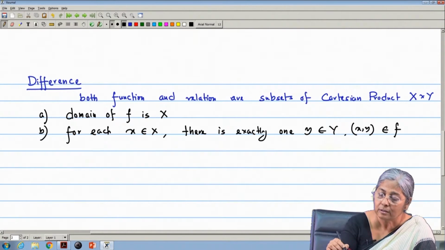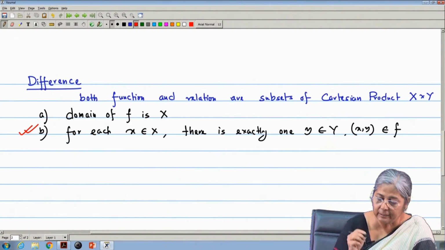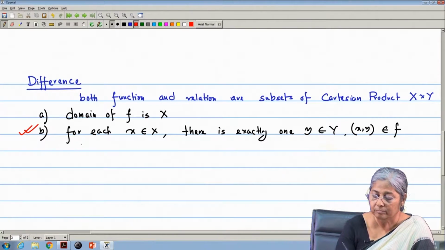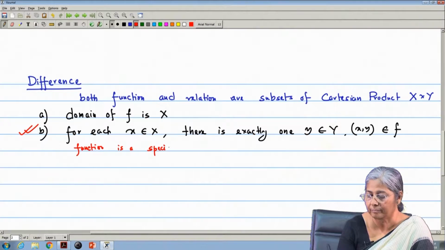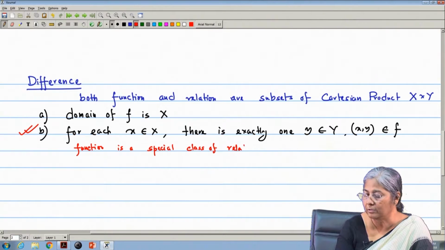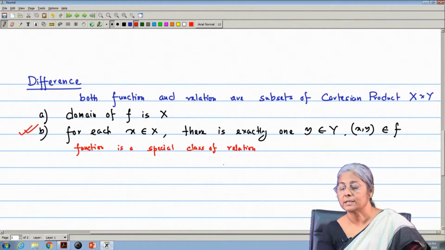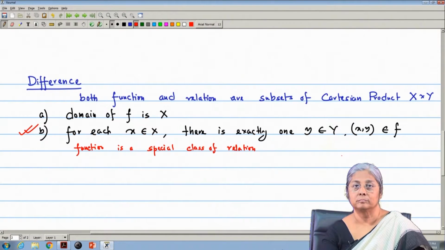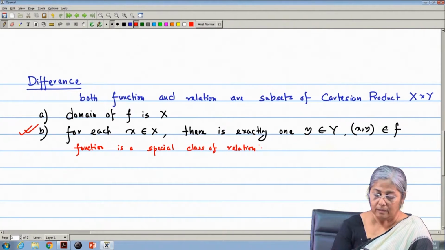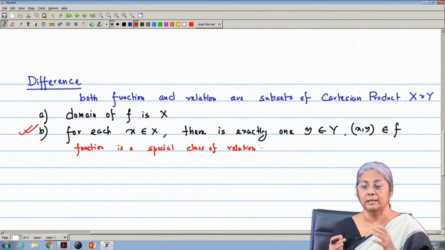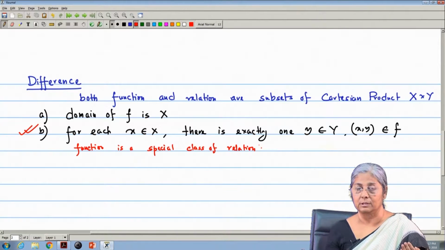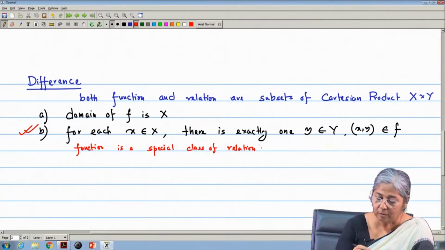This is the difference, and that is why we call a function a special class of relation, because here for each X there is exactly one Y. It is not true for relation. So, relation is actually a general situation.